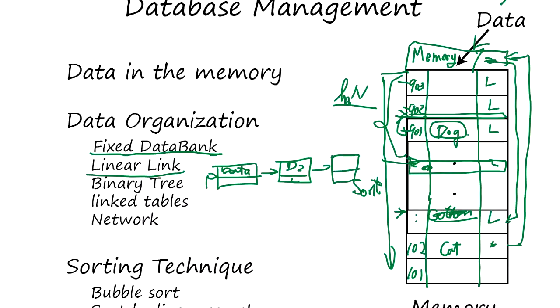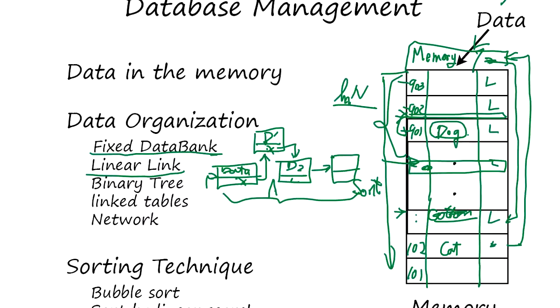Now you have to insert something in between. So you delete this link and point to the new one instead, and the new one points to the next, so data can be inserted easily. The location to insert is found by binary search or whatever, and then you insert it, so you can keep the data always sorted without much movement of the data. It's just the link. Just change this link and this link, and then you've got it, right?